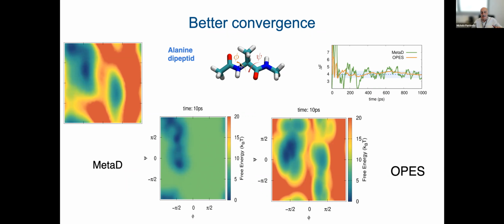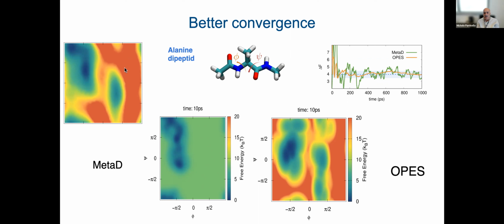It has conformational flexibility, especially these two angles, phi and psi, which can change, and the free energy landscape will look like that. There is one minimum here, which corresponds to the low free energy conformations, and the high free energy conformation, and there is a barrier between the two.